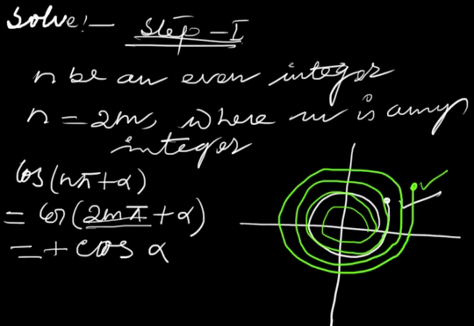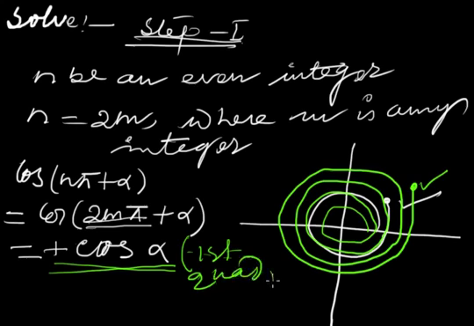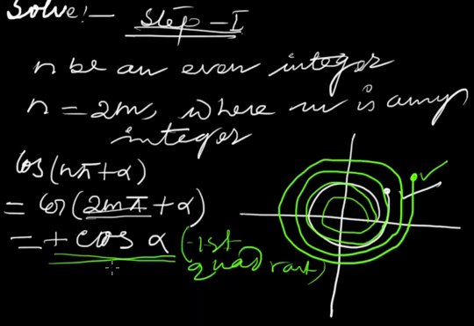So, in all the cases, we see that the resultant value will give cos α, that is in the first quadrant. Cos α, we indicate this by equation 1.